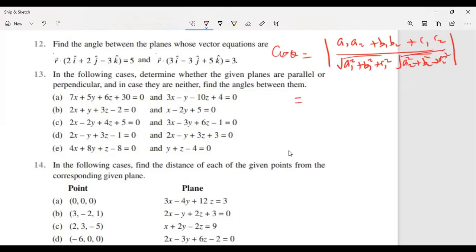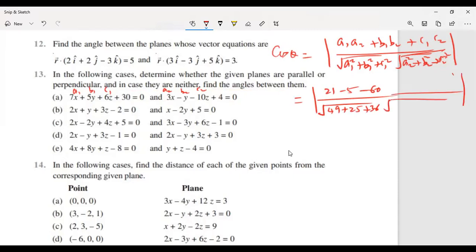Then we can put the values. a1 a2, 7 times 3 is 21. b1 b2, 5 times minus 1 is minus 5. c1 c2, minus 60, divided by under root 7 square 49, 5 square 25, 6 square 36, and second, 3 square 9 plus 1 square 1, 10 square 100.